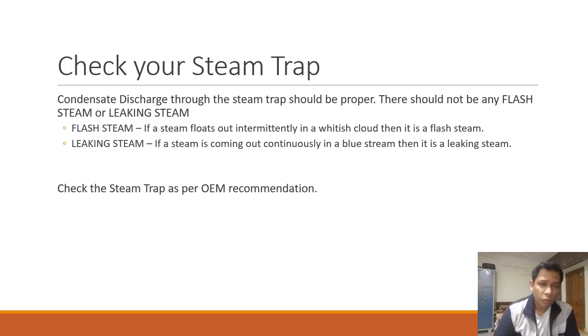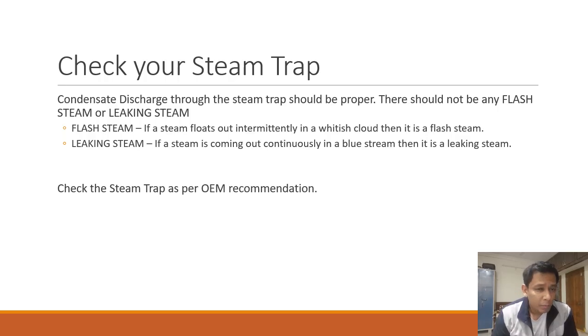You see, first of all, you need to check your steam traps. There is a condensate discharge from the steam trap, and the steam trap should be working properly, and there should not be any flash steam or leaking steam. Now, what is this flash steam? You can easily identify it: if steam is coming out intermittently in a whitish cloud form, it means that it is flash steam.